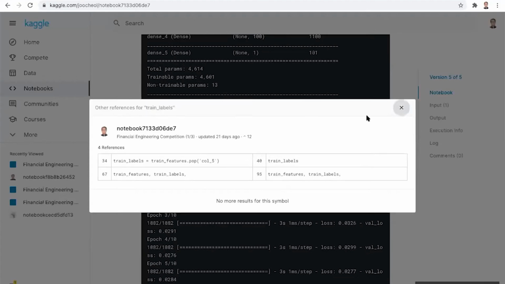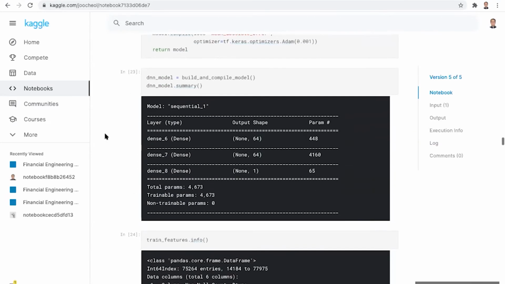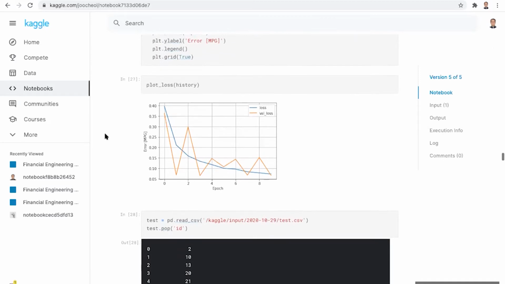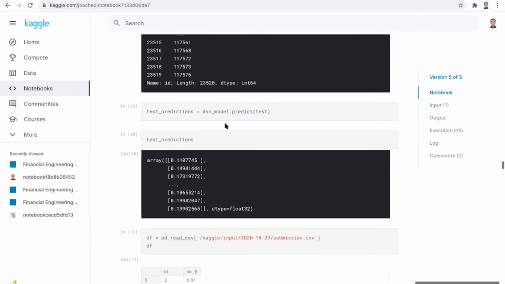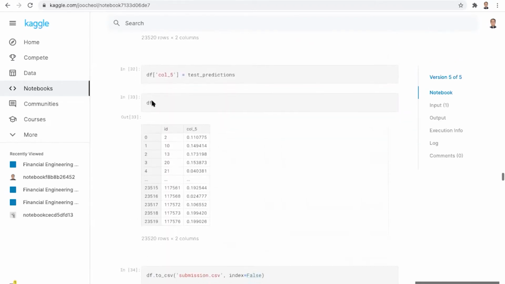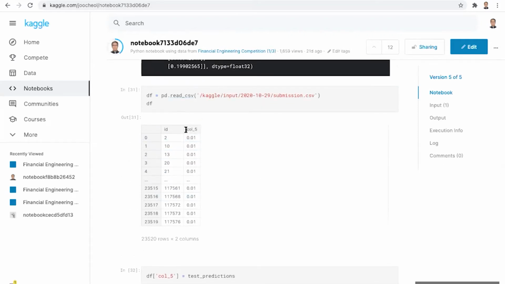So once you have your model, you use this command, DNN. Oh, it's a different one, but it's model.predict, and it will give you a prediction, and just put this prediction into your submission file on column 5.